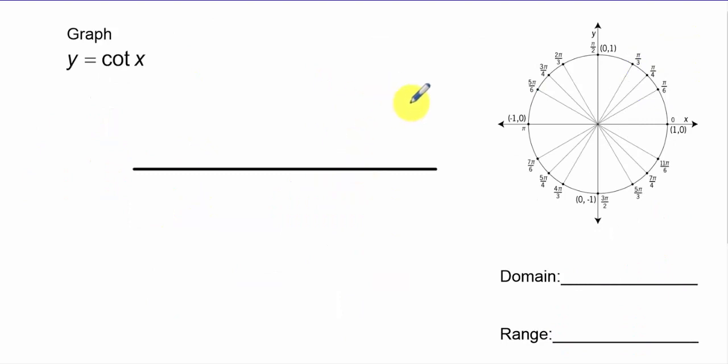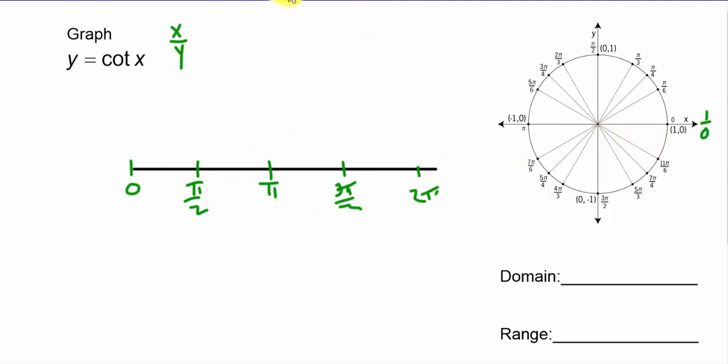So now we move on. We'll do cotangent now. Put in all those spots again: 0, pi over 2, pi, 3 pi over 2, 2 pi. And we'll notice at 0 now, since I'm looking for x over y, I have a 1 over 0, which is undefined.